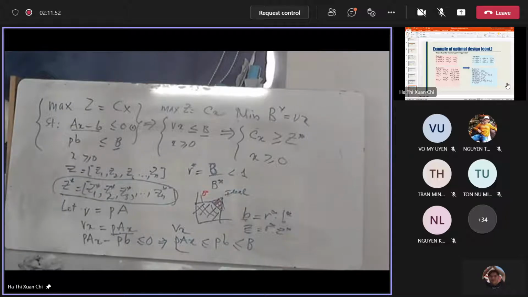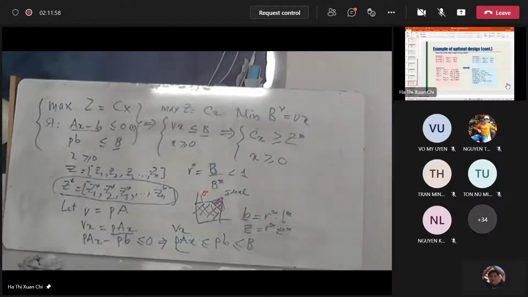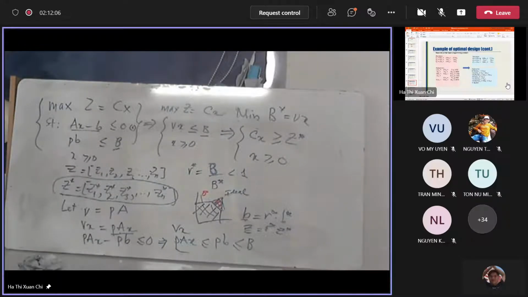So everything we work with is the budget. So we take Z1 here, we combine with subject 2, we can find a solution. Z2 the same, Z3 the same. So you have the solution here.